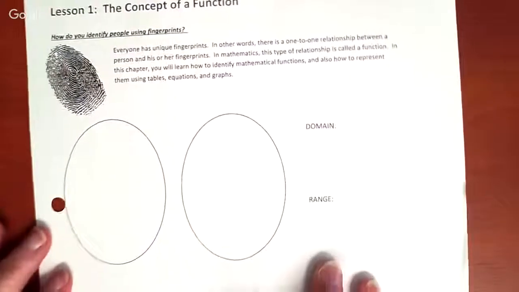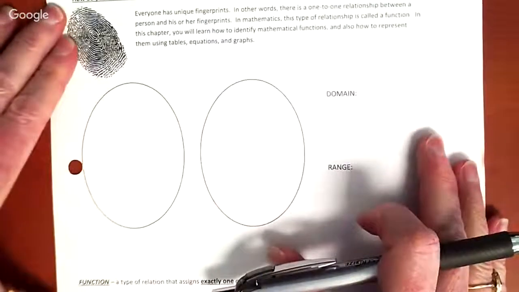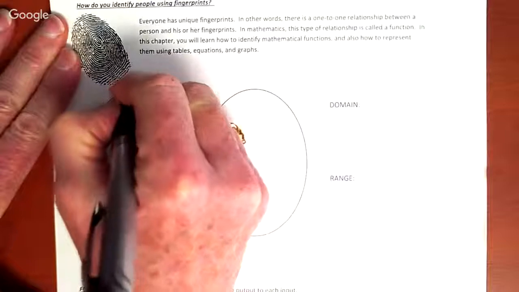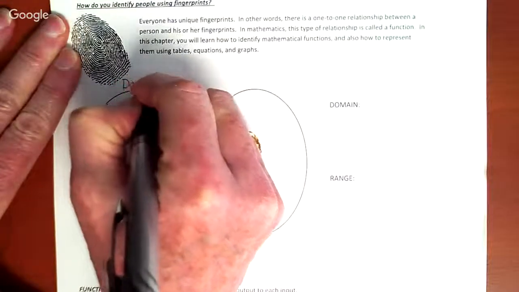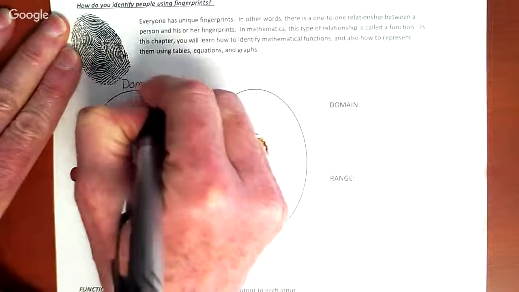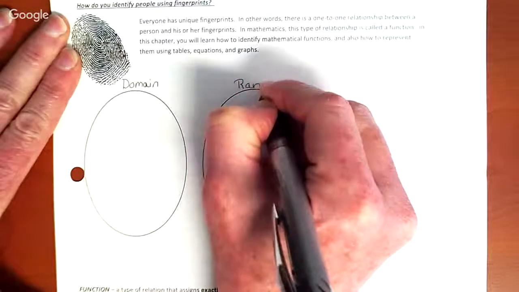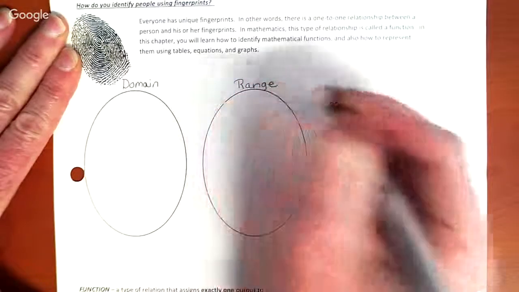So for example, on this left-hand side, we will have a domain. On the right-hand side, we will have a range. Okay.